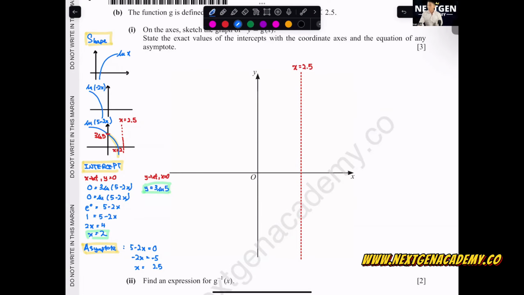Then we label here 3 ln 5 and 2. The shape goes like that. It will go very close to the asymptote. Don't bend it back. You go very, very close, until it's almost straight already. This is a 3-mark question.